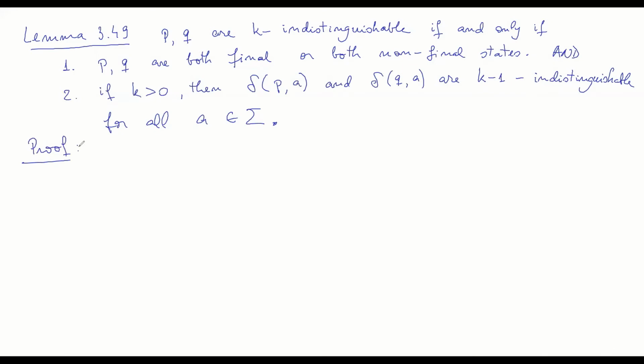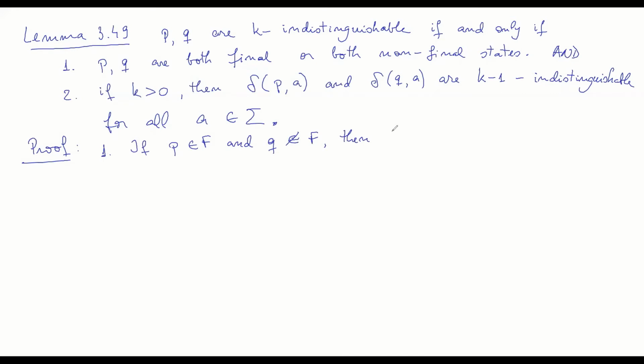So let's assume that we have these two states P and Q, and they are K indistinguishable. And to prove point 1, if, for example, P is final and Q is non-final, then really you can distinguish them.